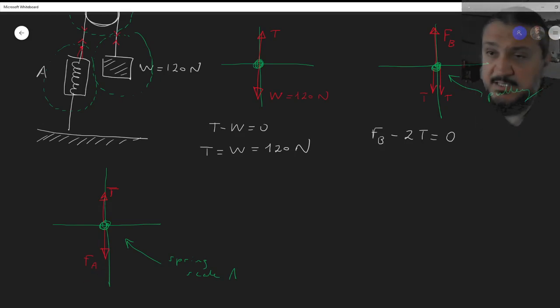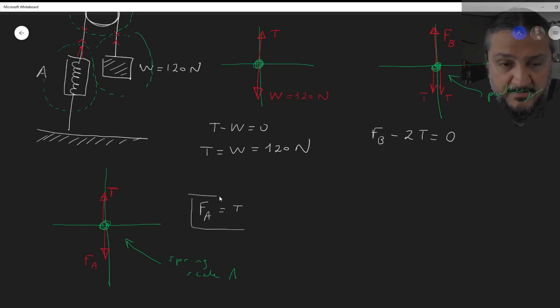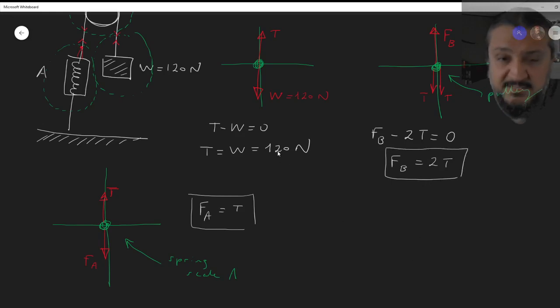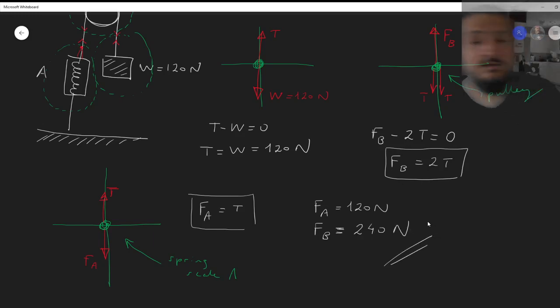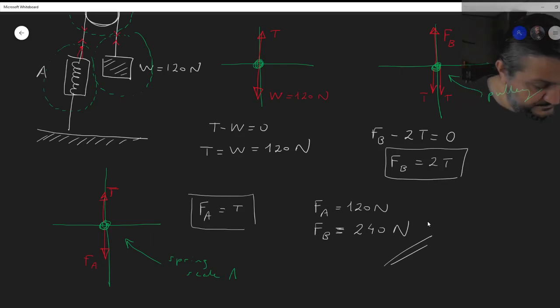So the equilibrium condition is then that FA is equal to T. And FB is equal to 2T. And what is T? T is 120. So FA is 120 newtons. FB will be 240 newtons.